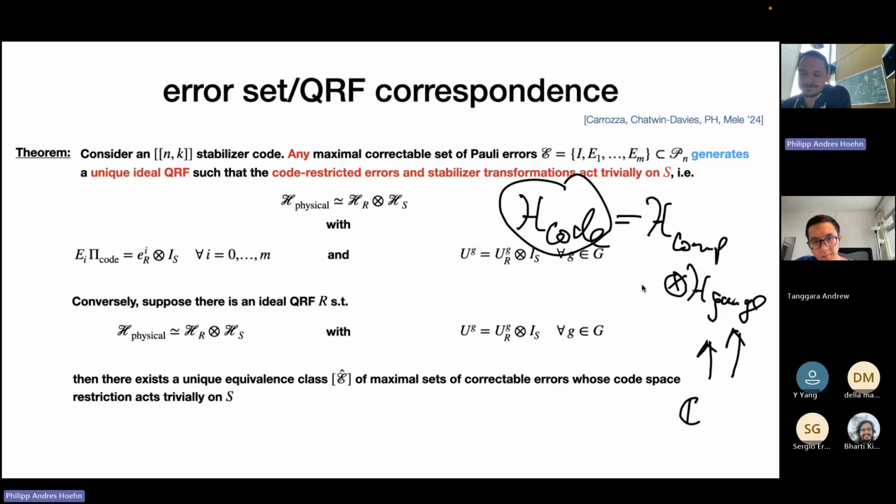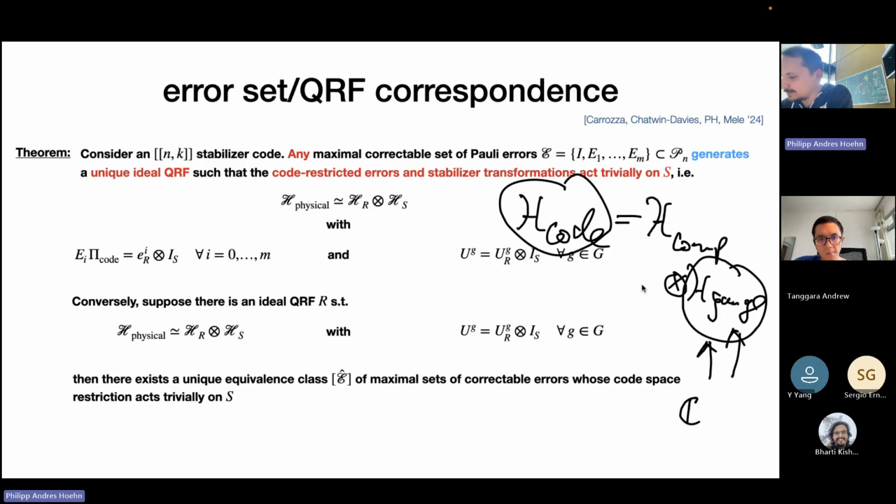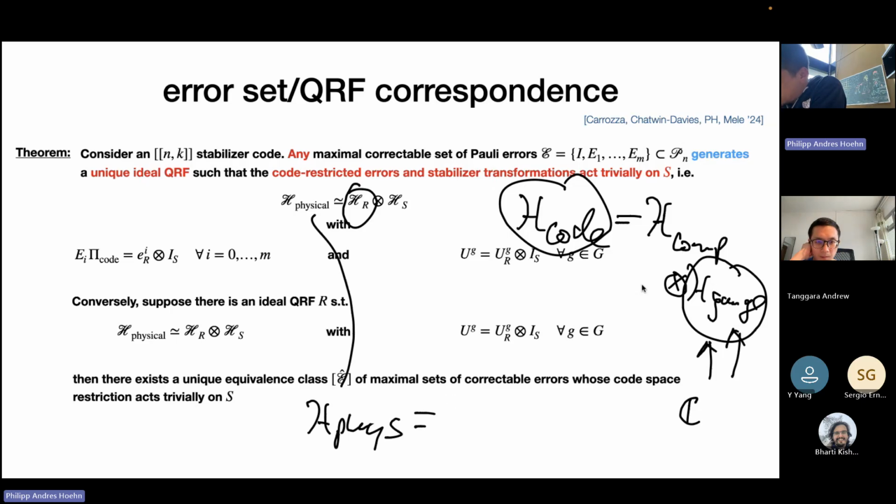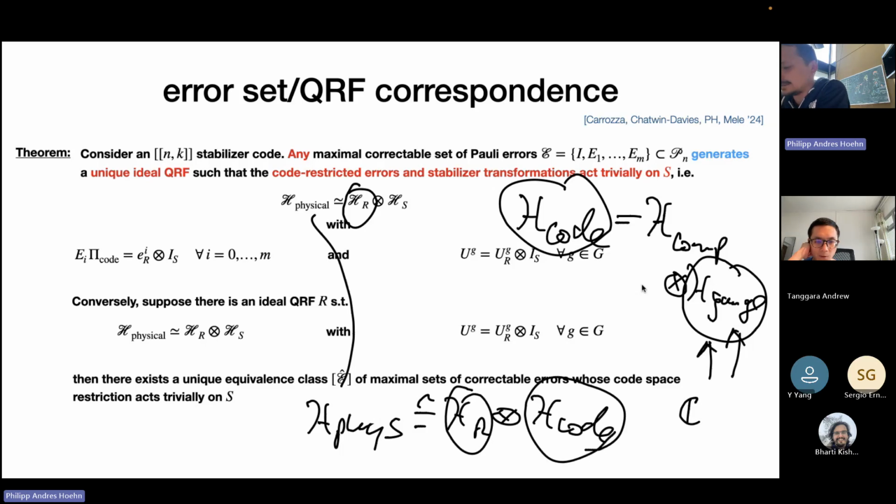It's important to emphasize that this H gauge here, a priori, is not to be confused with this H R that I used here. You can think of this H physical as H gauge, H R here, and this H system as H code. So we're looking at a factorization of the physical space in terms of the frame and the code space.